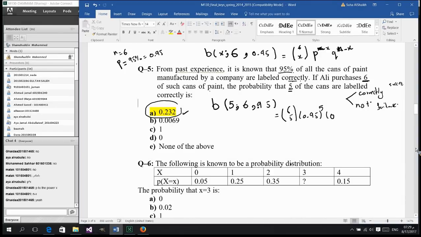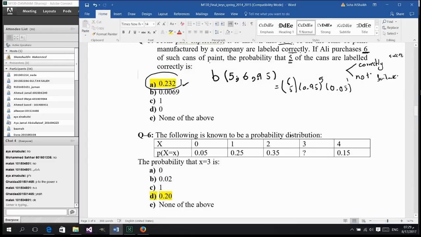And the q now in this case is 0.05 to the power 1. And get your result. Okay? Very easy. Is it very clear? If you know that this is binomial, pay attention to the question.